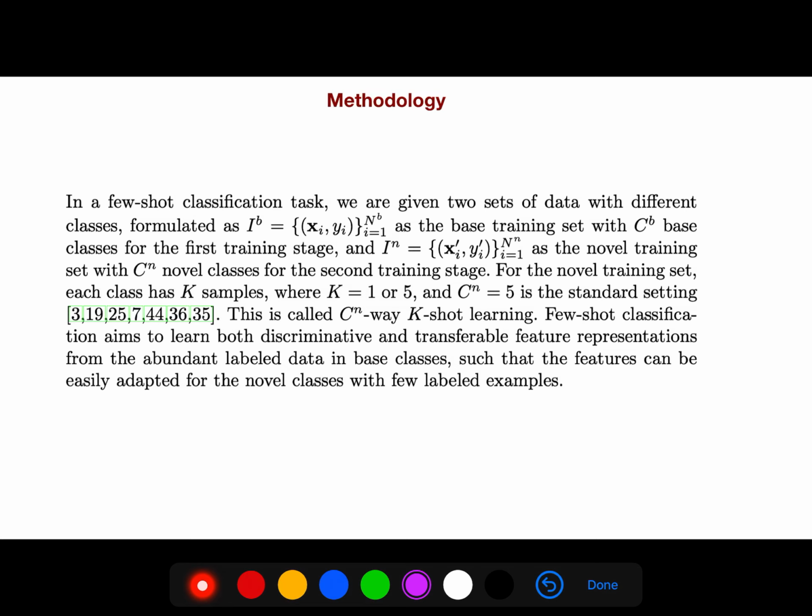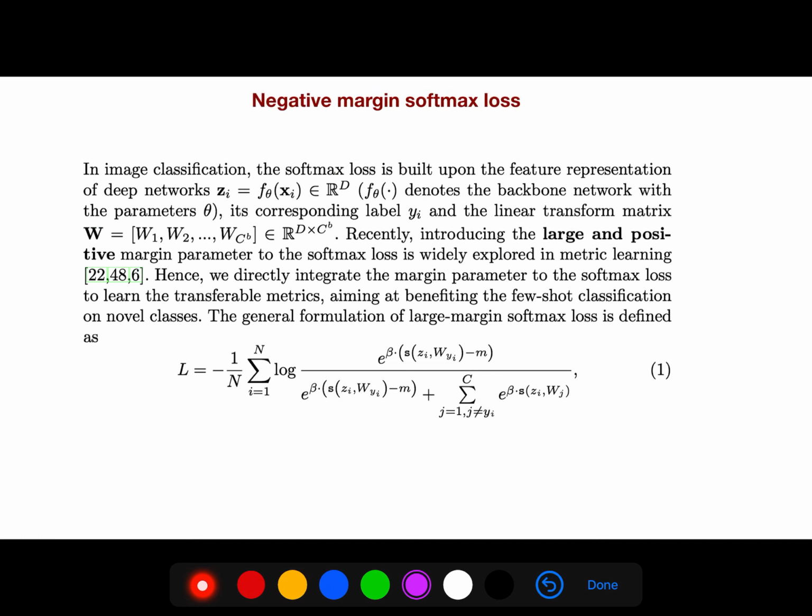So in few-shot learning, we have, for example, C-way K-shot learning. For example, 5 classes, and for each class we have K shots, K examples. In image classification, for example, the softmax loss is built upon the feature representation of a deep network.